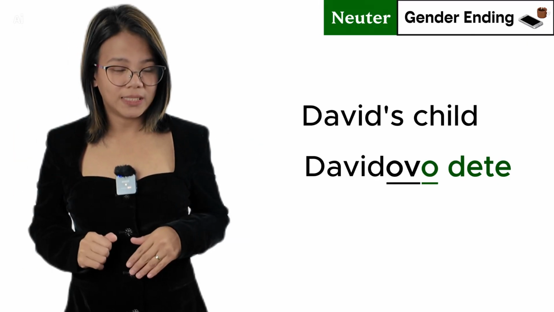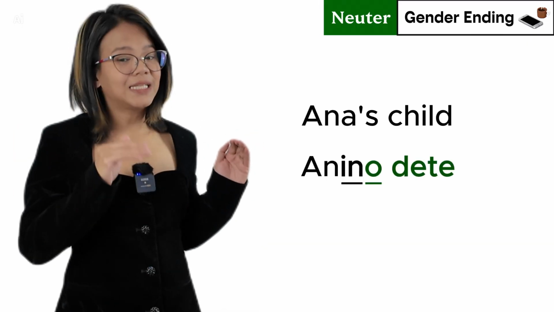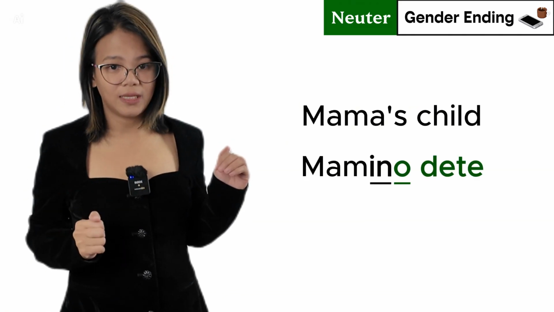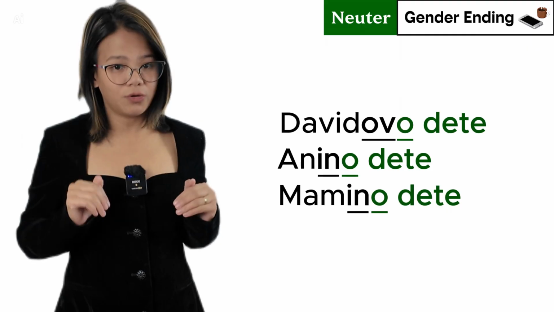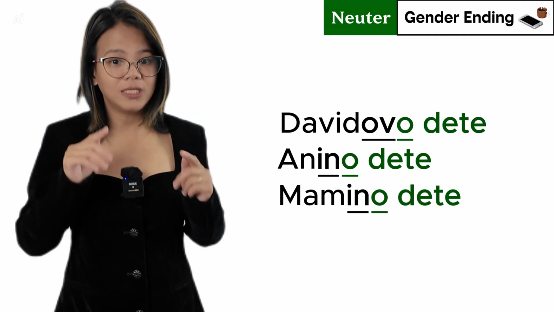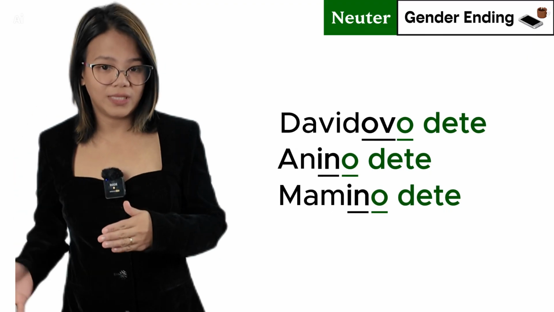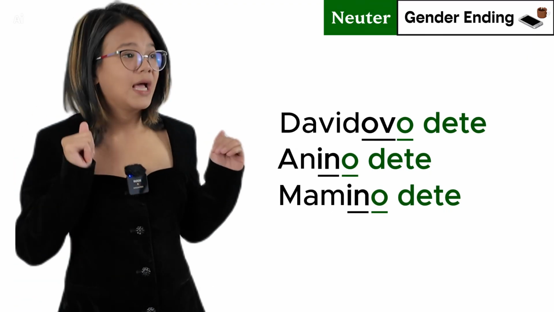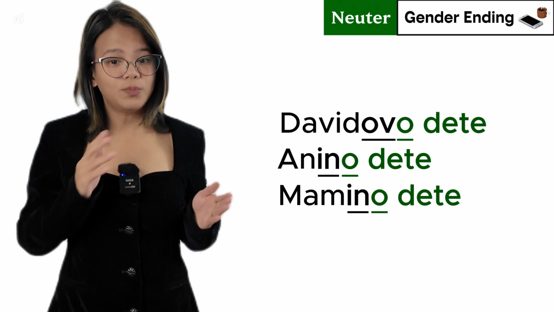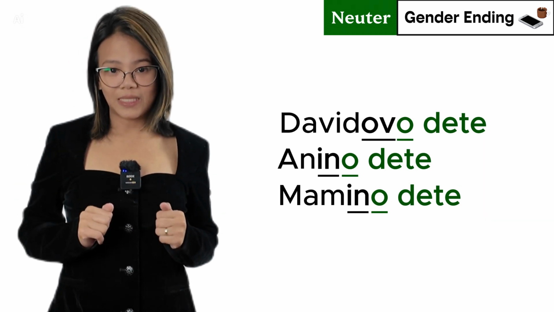More examples with dete. Anna's child, Anino dete. Mother's child, Mamino dete. It does not matter who the owner is. What matters is dete is neuter. That is why we add o every time. Davidovo dete, Anino dete, Mamino dete. Any neuter noun you possess follows the same pattern.